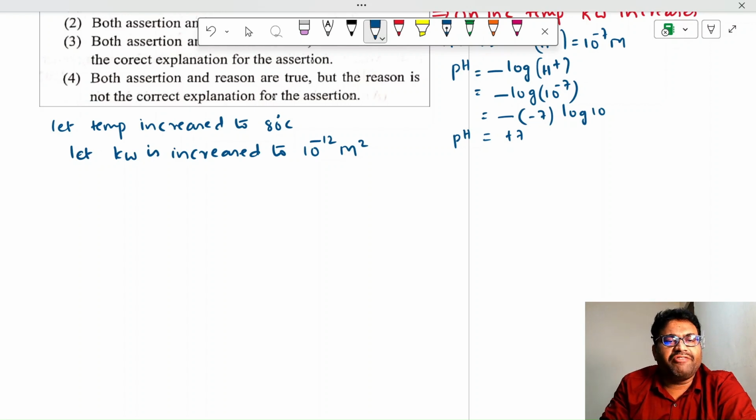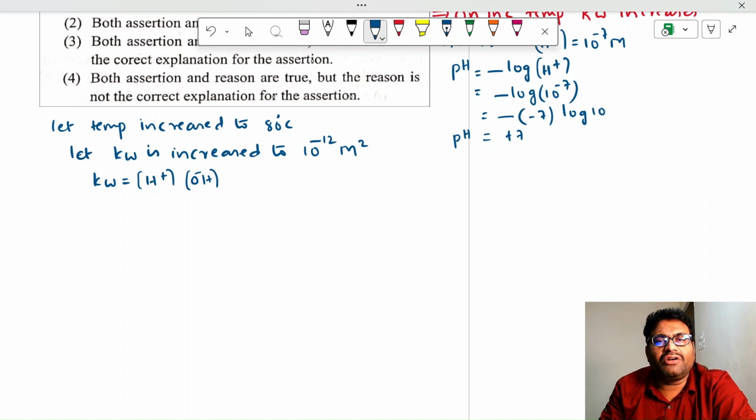And we know that Kw is equal to H plus ion concentration into OH minus ion concentration. And one water molecule on dissociation gives you one H plus and one OH minus.